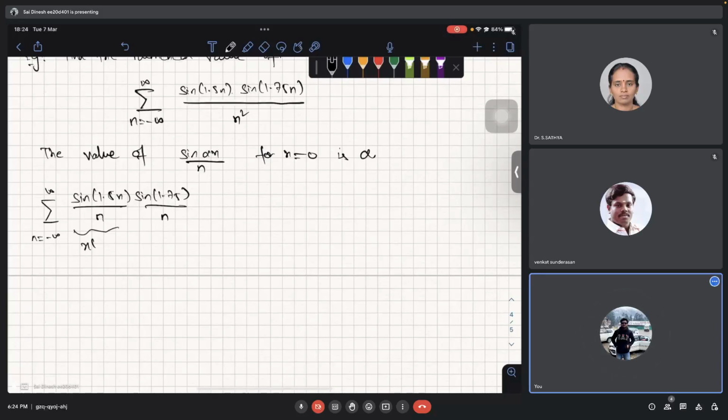So this is equal to x of n, and this is equal to y of n, or y star of n since it is real. So x of n into y star of n. How will this be equal? According to Parseval's theorem, this should be equal to 1 by 2 pi, integral from minus pi to pi of x of omega y star of omega d omega.